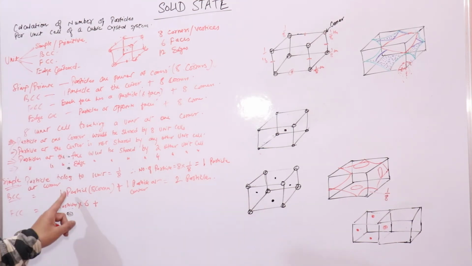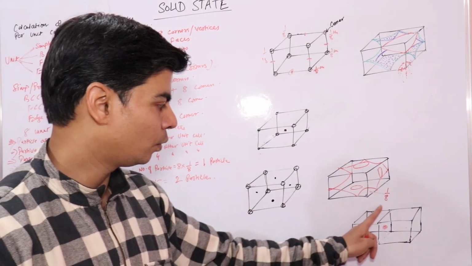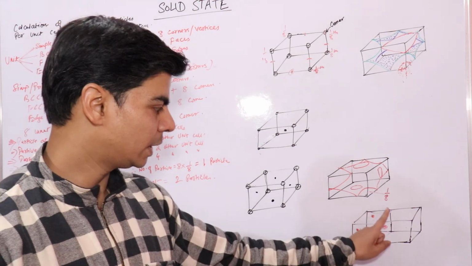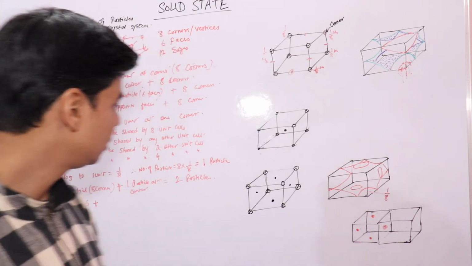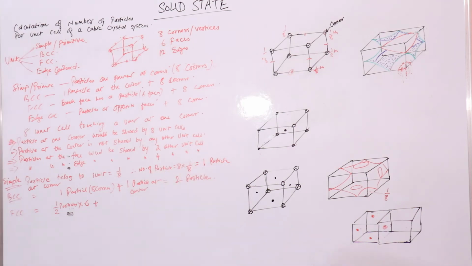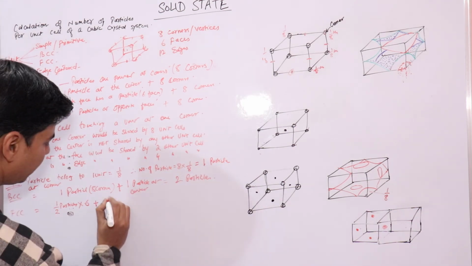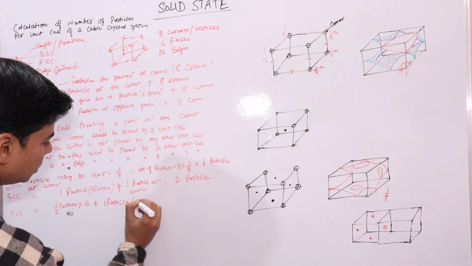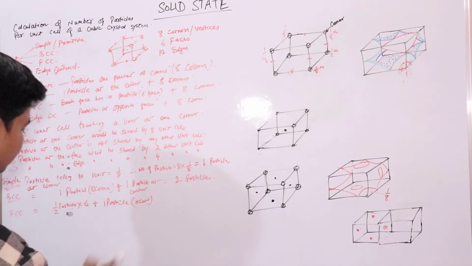Plus one particle at each corner. Due to that, we have the same calculation, one particle, from the 8 corners here.